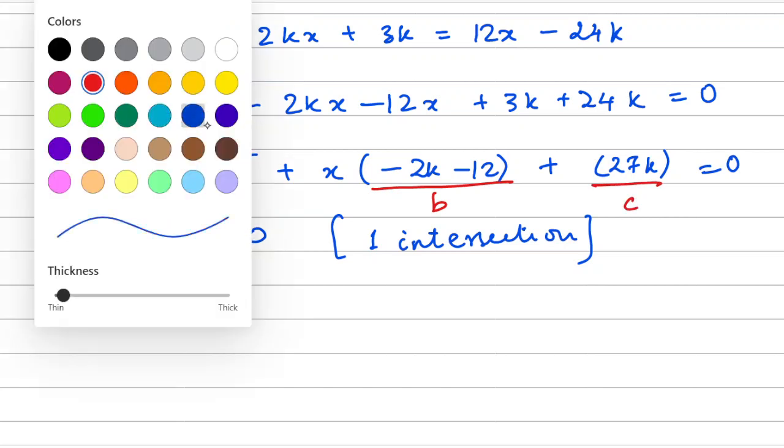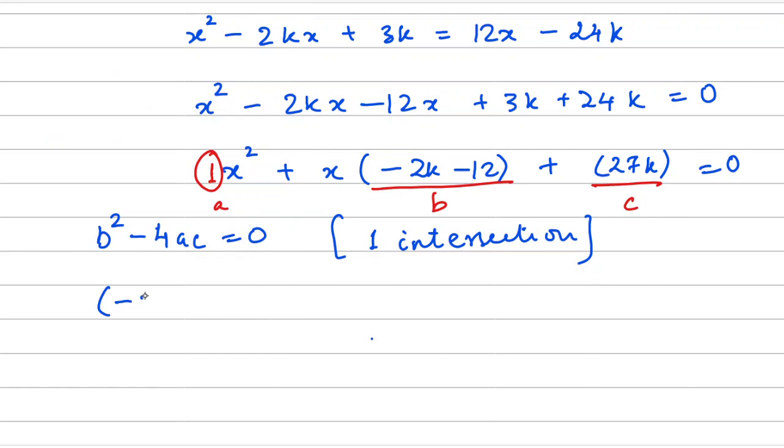So now we have b is minus 2k minus 12, the whole square, minus 4 times a is 1 and c is 27k, is equal to 0. So expanding it, we'll have 4k square.